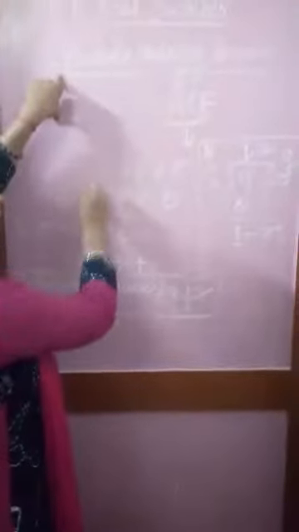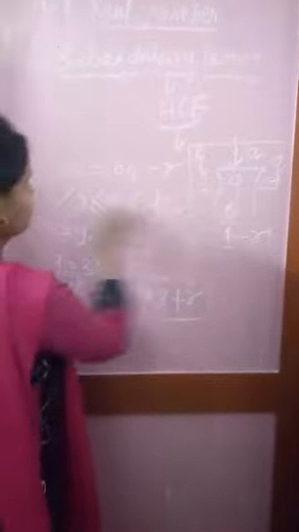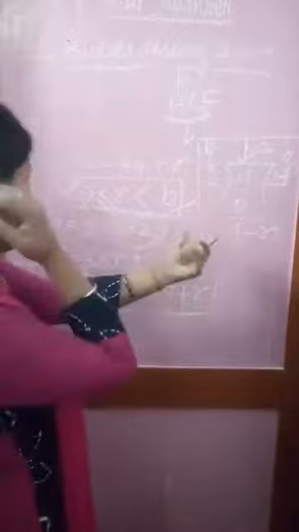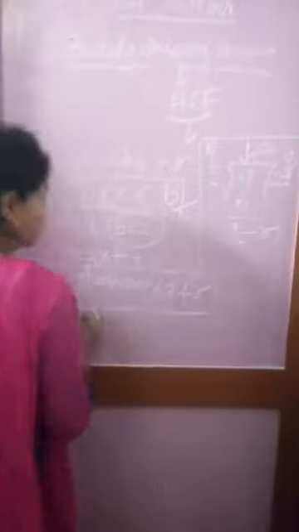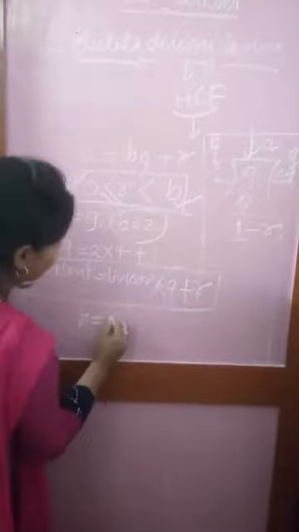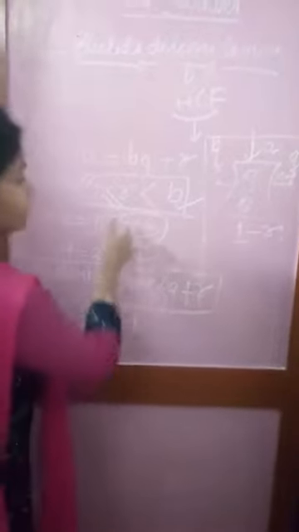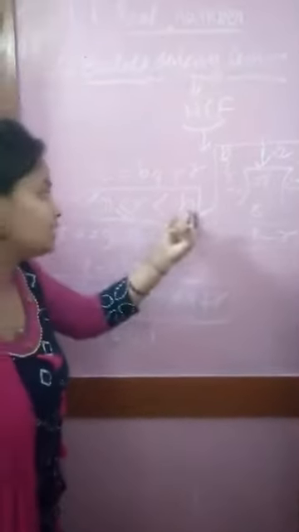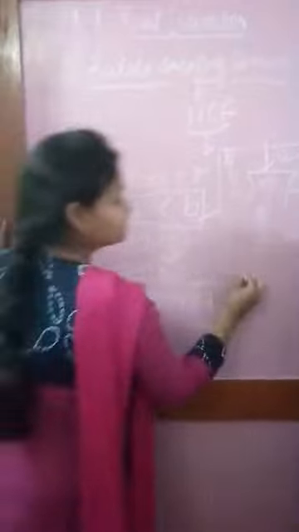So this is the formula we have to use in this topic again and again, and this is a condition we have to understand. What is b? b is just a divisor. So the value of r will always be less than b.